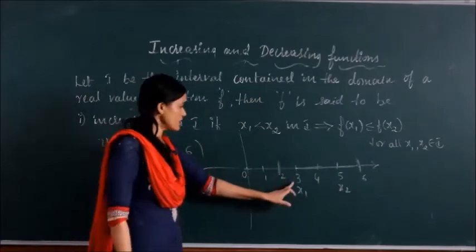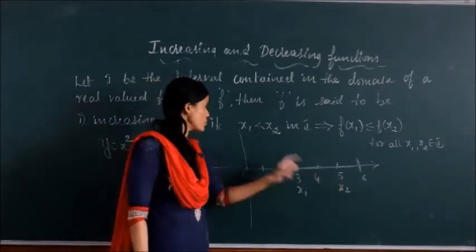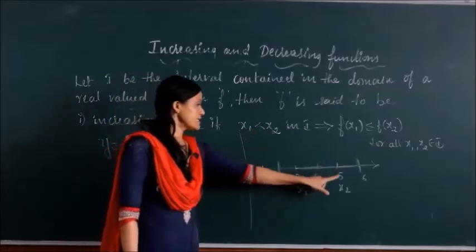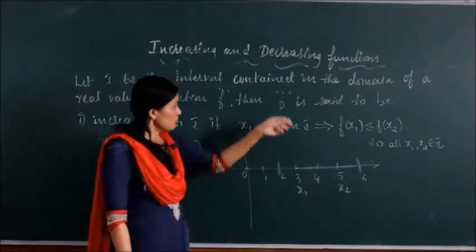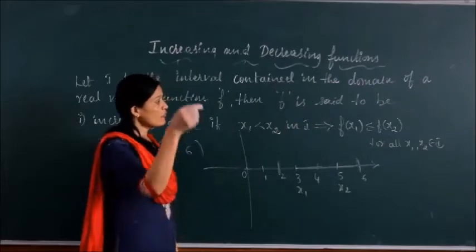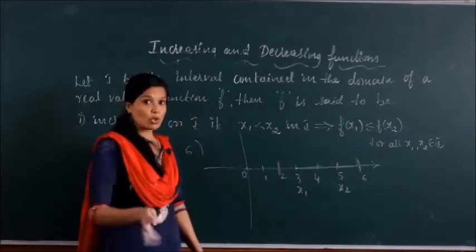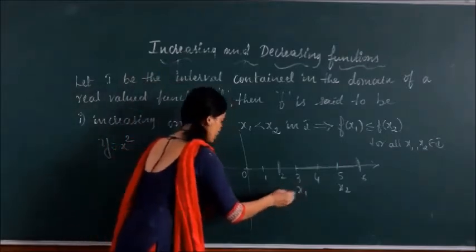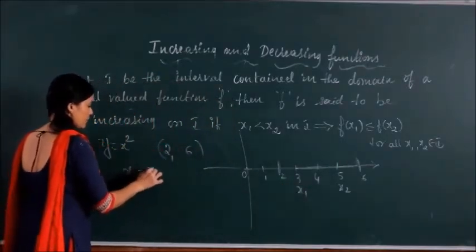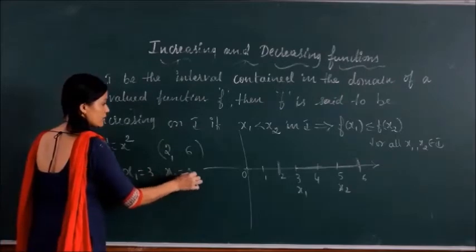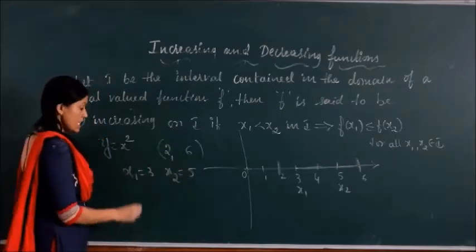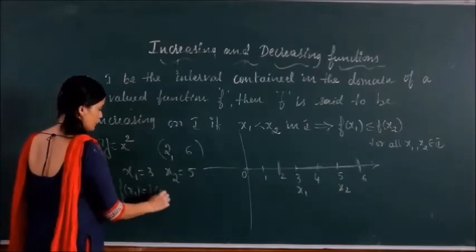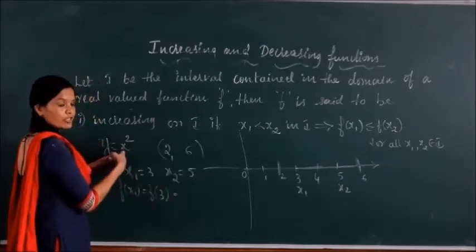Condition is x1 must be less than x2. So x1 is less than x2, that implies f of x1 is less than or equal to f of x2. So x1 is 3 and x2 is 5. f of x1, so what is f of x1? f of 3. So what is f of 3?